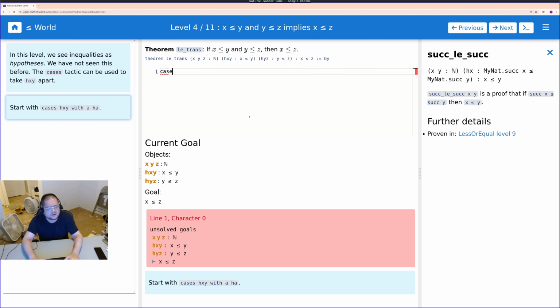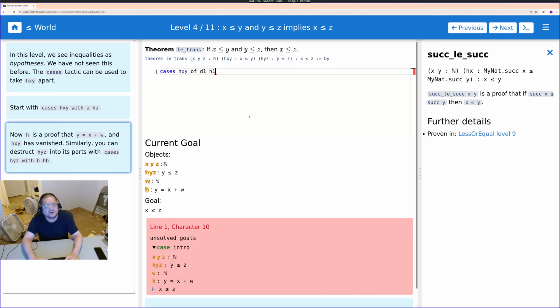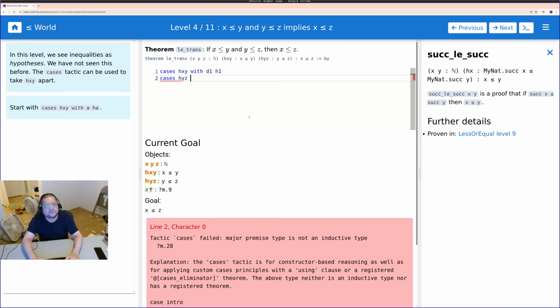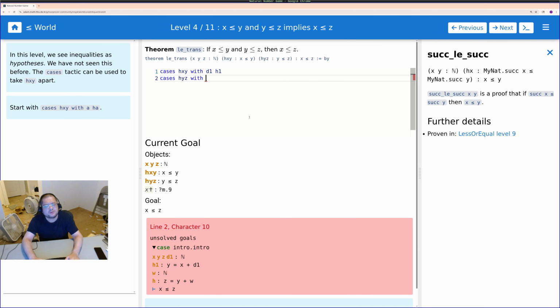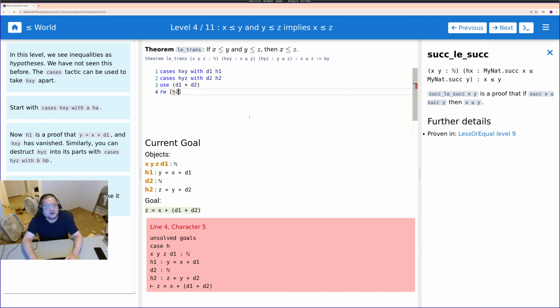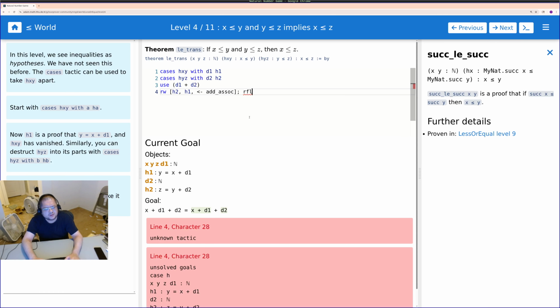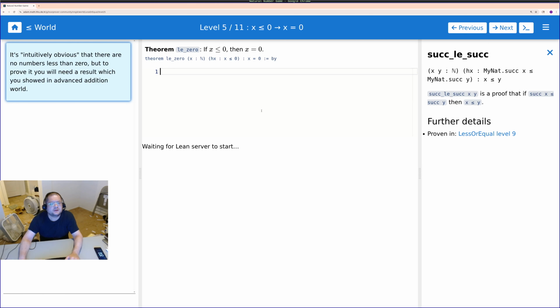So, cases hxy of d1 h1 plus d1 h1 plus d2 h2. And now we're going to use d1 plus d2. We're going to rewrite h2 and h1, and we're going to, easy.